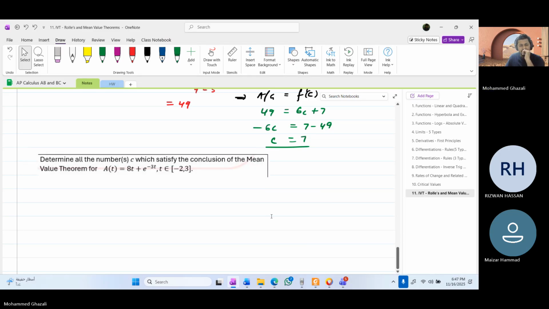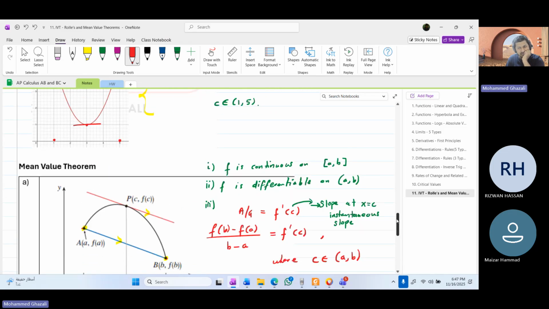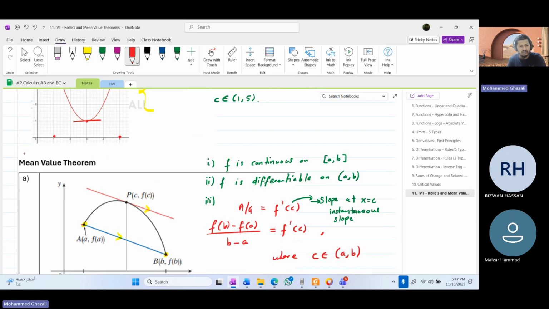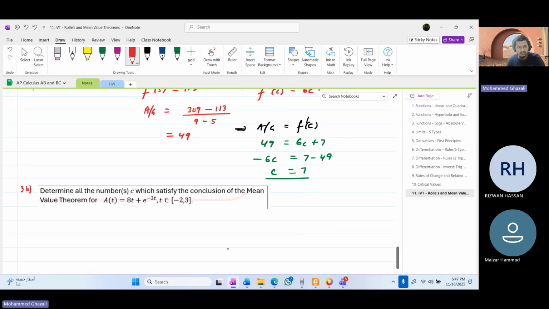That's it. So mean value theorem, this is my second question, 3B, because this is the third theorem. Nice, guys. All right, so determine the numbers C which satisfy the conclusion of the mean value theorem.